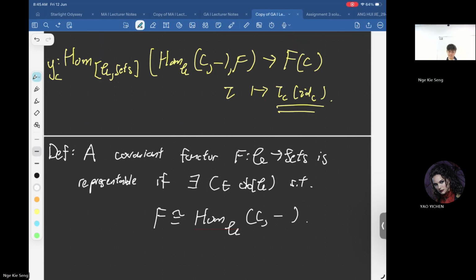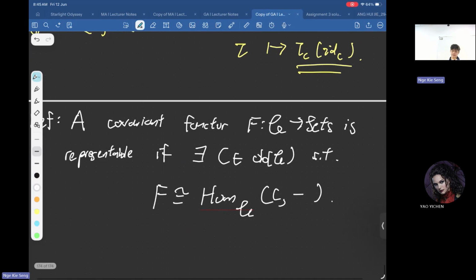Okay. So we say that the covariant functor is representable if there is an object C such that you can realize your functor as hom of C to something.